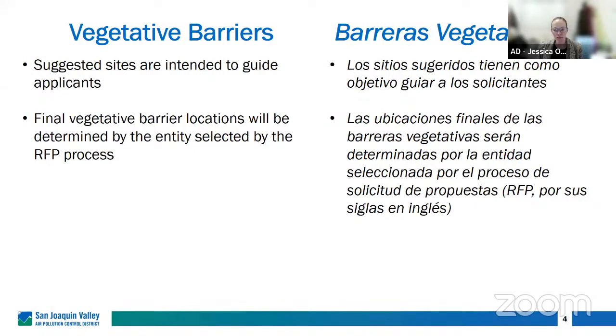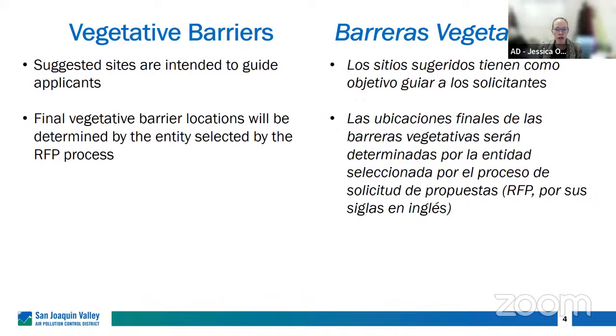So the vegetative barriers project, we shifted funding based on CSC feedback to support this with $1 million. This is an incentives program where we pay someone to install the barriers using the funding from the SERP. We want to make sure that when folks apply, we can guide them to where the CSC is interested in having these barriers the most.